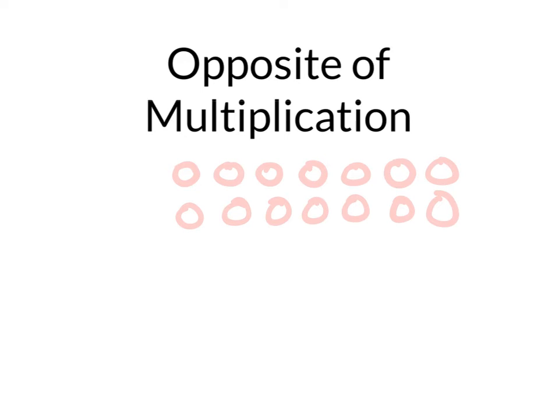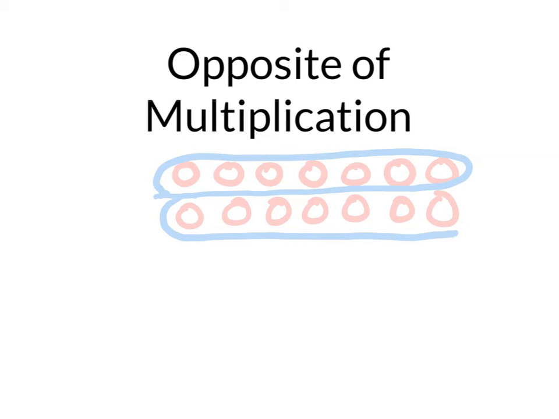Okay, so here I've got one lot of 7 here. Okay, that's one lot of 7, but I've got another lot of 7 here. Okay, so I've got 2 lots of 7, and we say that's like 2 times 7, and 2 lots of 7 equals 14.